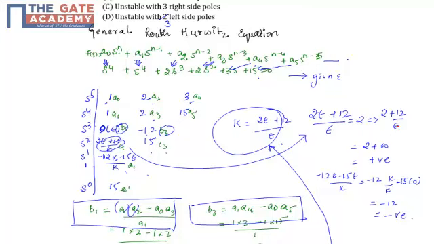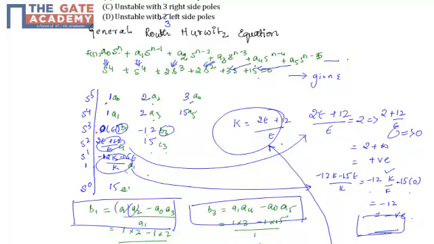As epsilon is tending to 0, 2 plus infinity will come, which is positive. Next we take this equation and write it in this form, minus 12 by k minus 15 epsilon, and as epsilon is 0, we know this is a negative value.